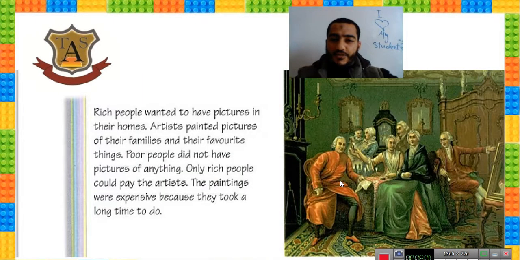Okay, next picture. A picture of a family maybe. It's an old family, I think. It's a room. I can see a cupboard and a wall and mirrors. I think they look rich.